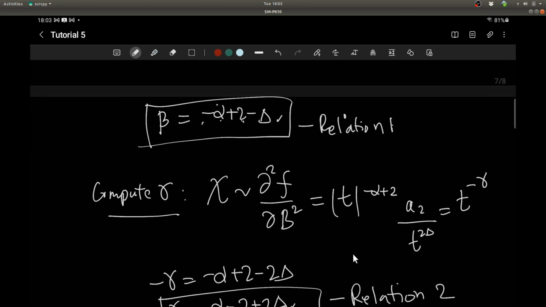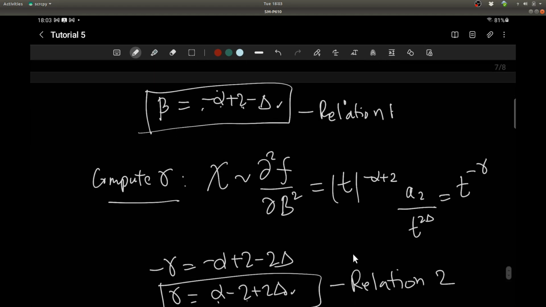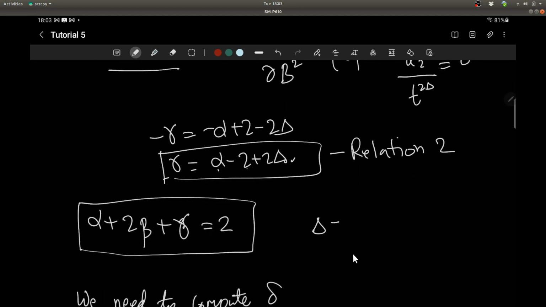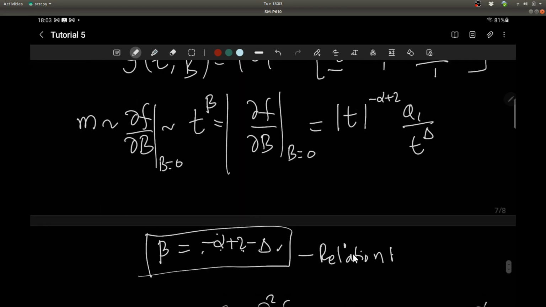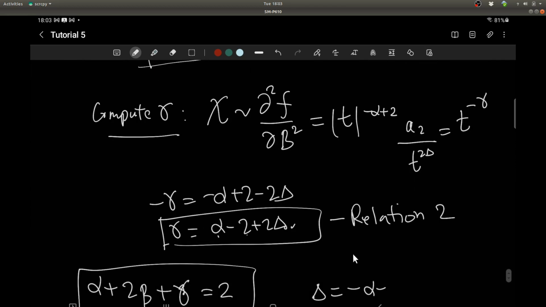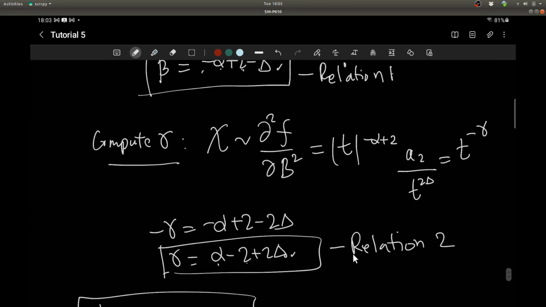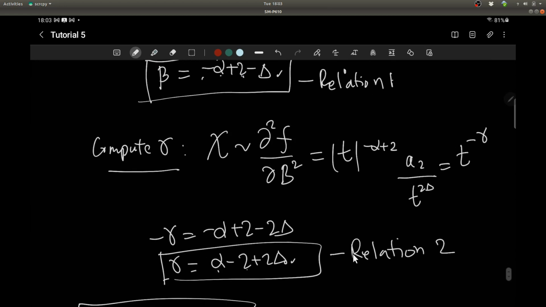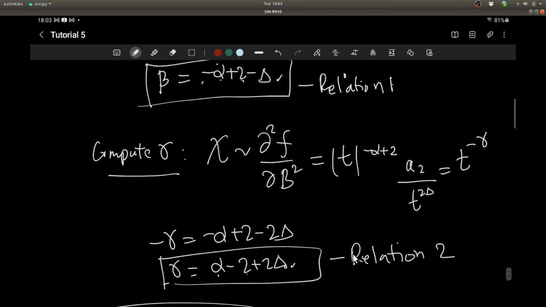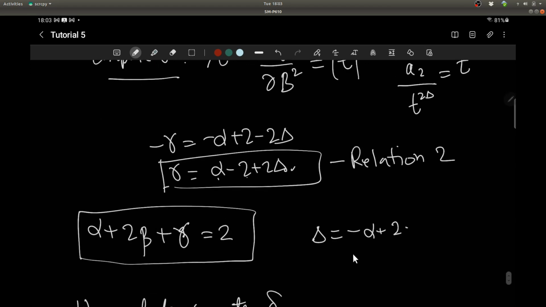So delta is minus alpha plus 2 minus beta.